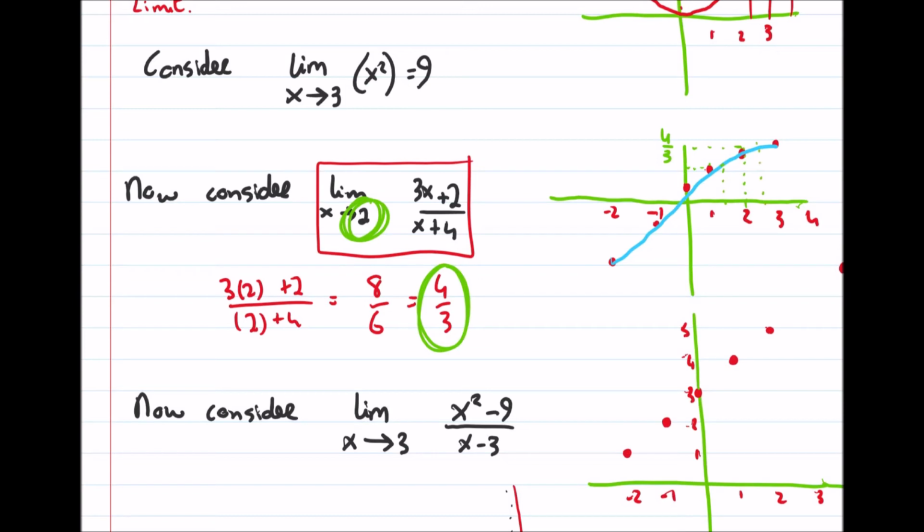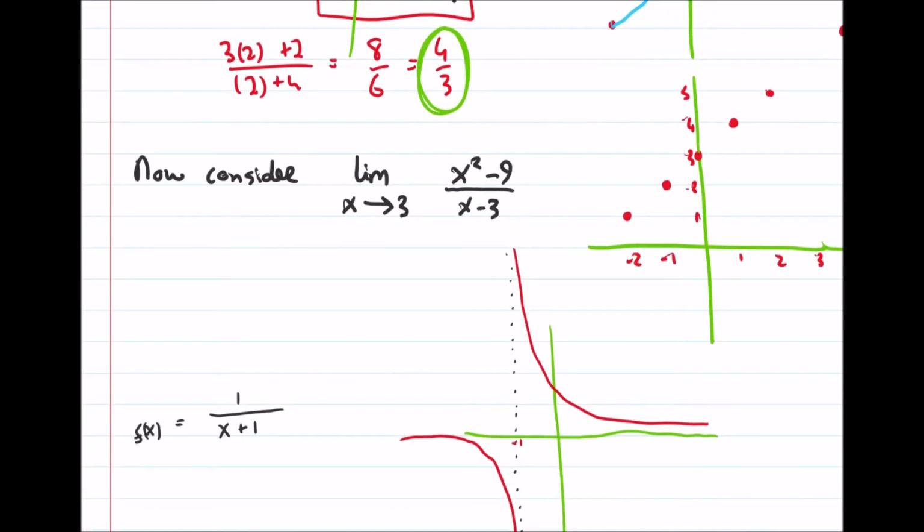If I put in 2.5, I'll be this close to it. The closer the number that I put in is to 2, the closer I get to 4 over 3. Okay, so generally with these ones, if we're asked for the limit of a function, we just put in that number. Okay, we put in what the limit is, and we'll see what it spits out.